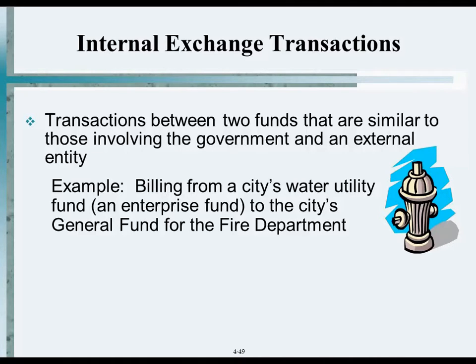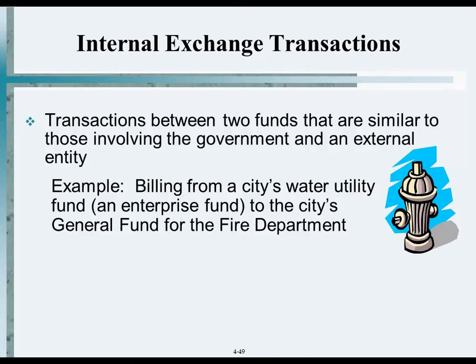In governments, we come across two types of transactions: exchange and non-exchange transactions. Exchange transactions occur when equal value goes between two parties.